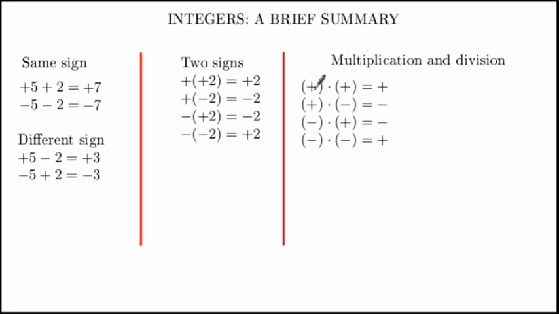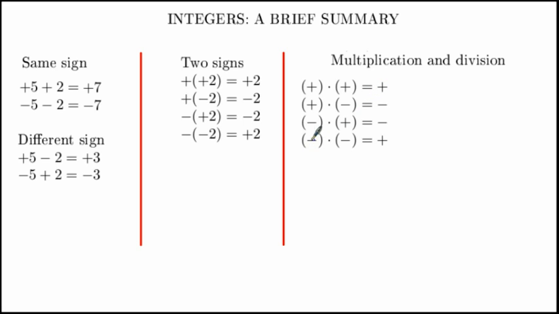For example, plus multiplied by plus equals plus. That means if we have two positive numbers, the result when we multiply is also positive.